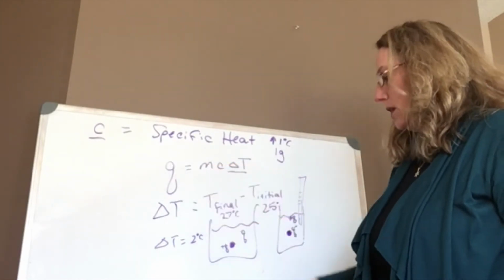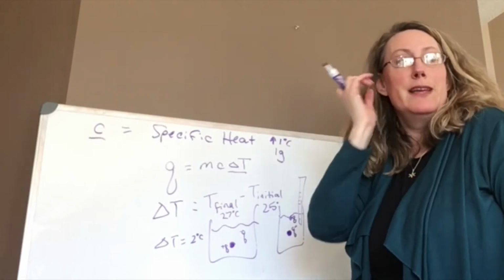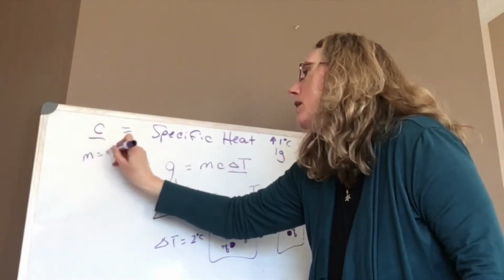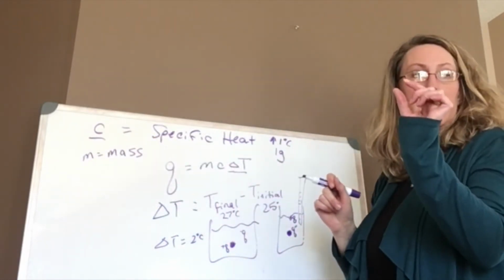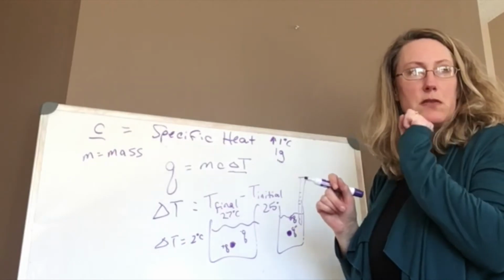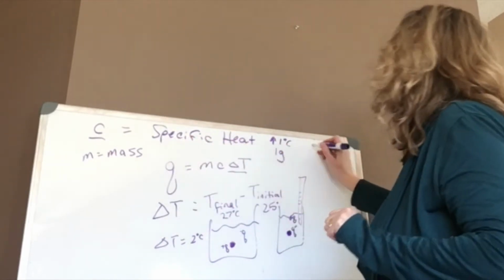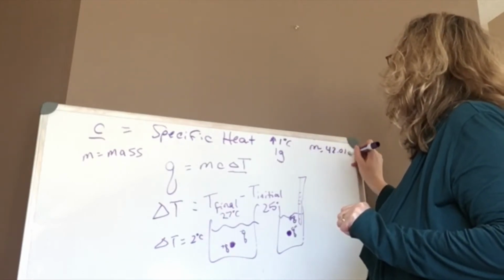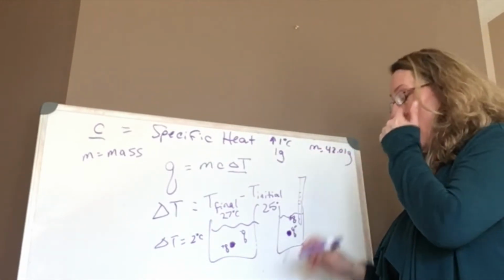Your M, because we've had big M for molarity and molality, so here's another M, and this M is going to be your mass. So you all weighed your little metal piece. What was your weight of your metal piece? 42.01 grams. So M is going to be 42.01 grams.